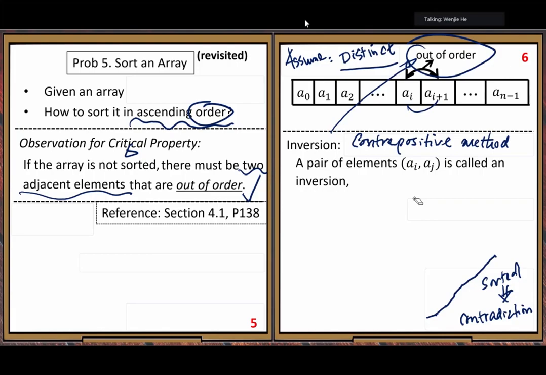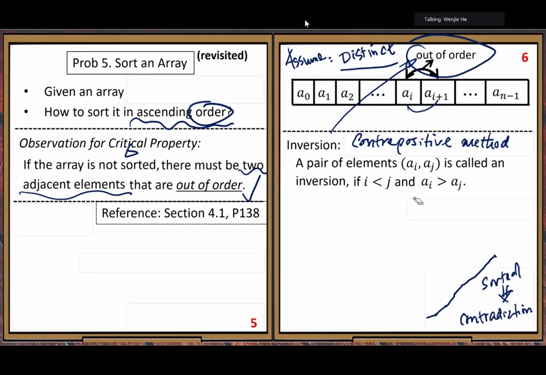A pair is called an inversion if the subscripts i less than j, but the values a_i greater than a_j. Here you can see the two inequality directions are opposite. Then we call it an inversion.